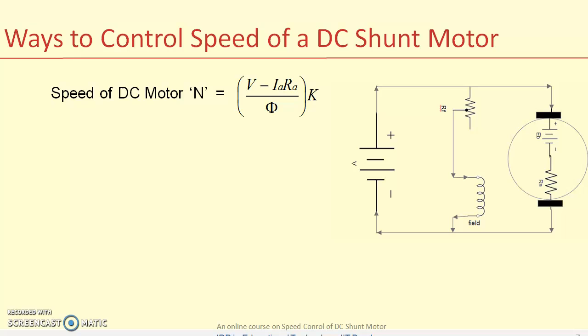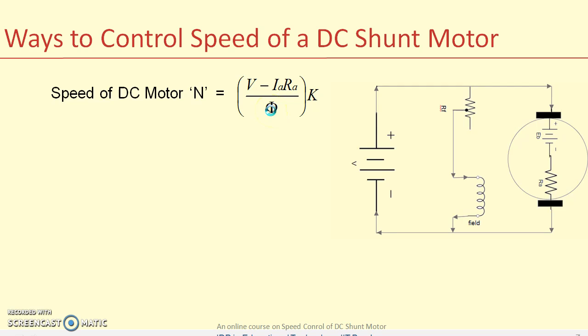Yes, let us now see the various ways to control the speed of a DC shunt motor. From this equation, we come to know that if you change the flux, the speed of a DC motor will change. The proportionality is inverse. That is, if the flux increases, the speed decreases.